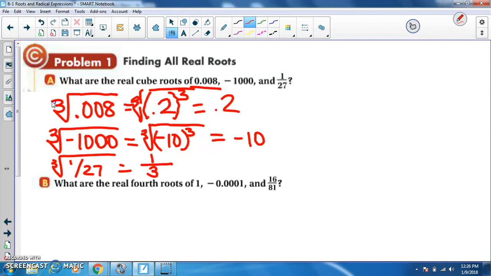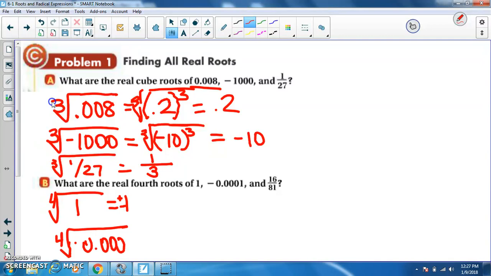What are the real fourth roots of 1? So the fourth root, since that's my index, of 1 is equal to what to the fourth power is equal to 1? 1. When we have an even index, however, we need to do positive and negative. So it's positive and negative 1. The fourth root of negative 0.0001, there are none.